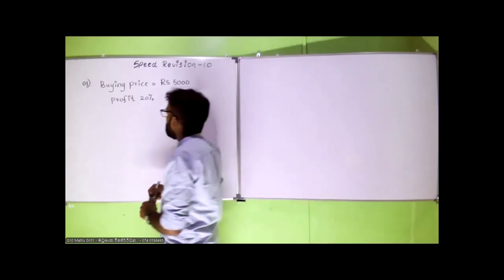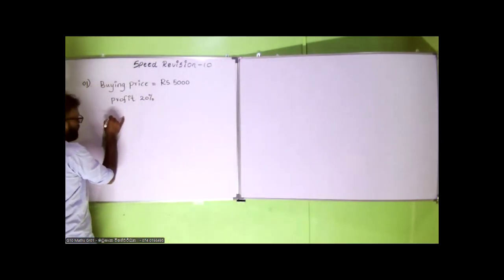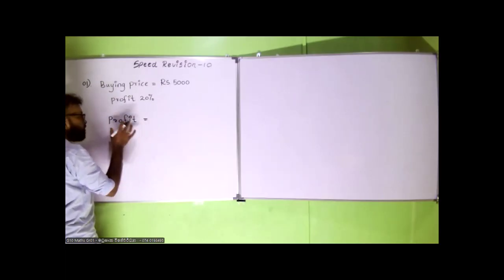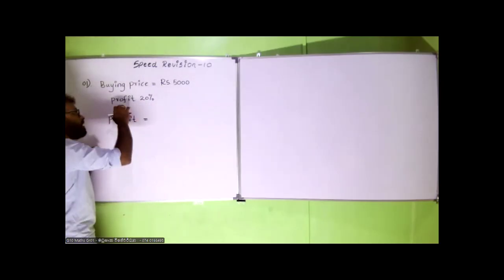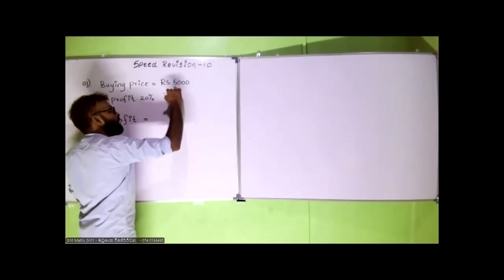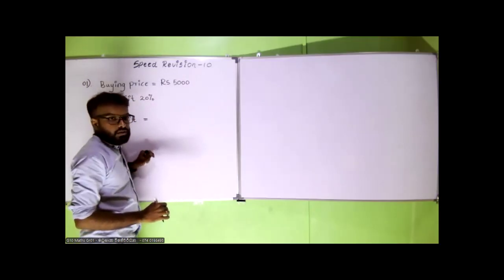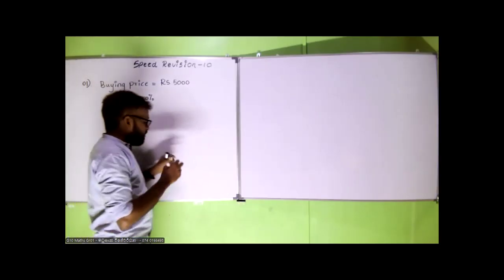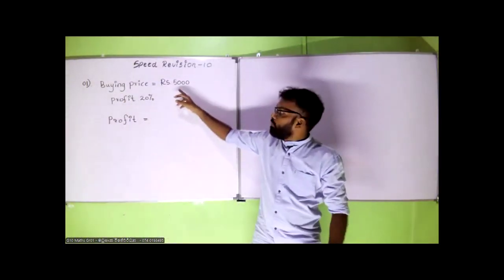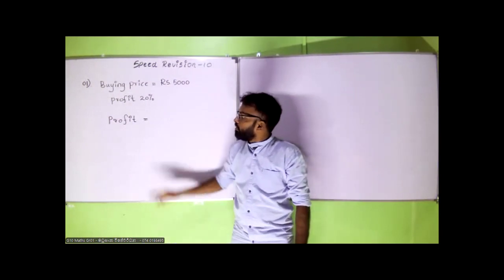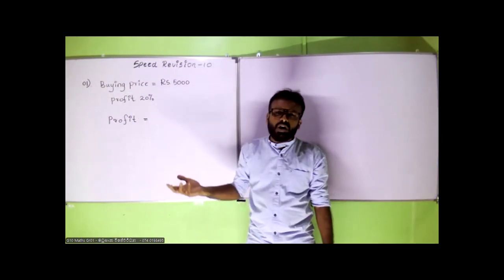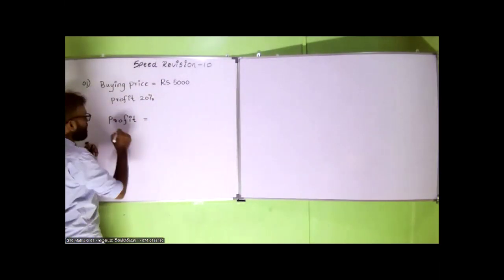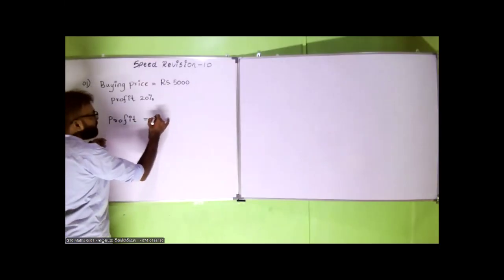If you want to find the profit, the thing that you need to remember is that you need only two things: the buying price and the profit percentage. Only these two are needed, so the profit can be calculated.